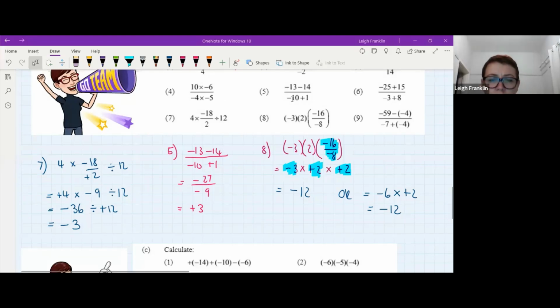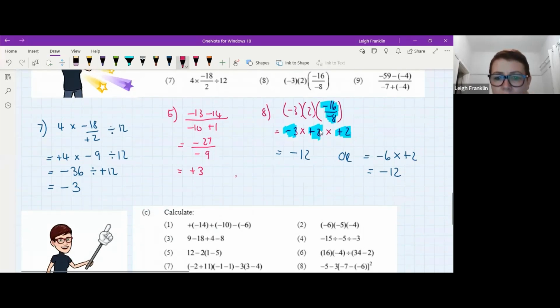Okay, so Tertia, you said you don't understand number 7, number 8, and number 9. So I've done number 7 over here. I've just done number 8. So let's just talk quickly about question number 9. Okay, so in question 9, we are given -59 minus -4.